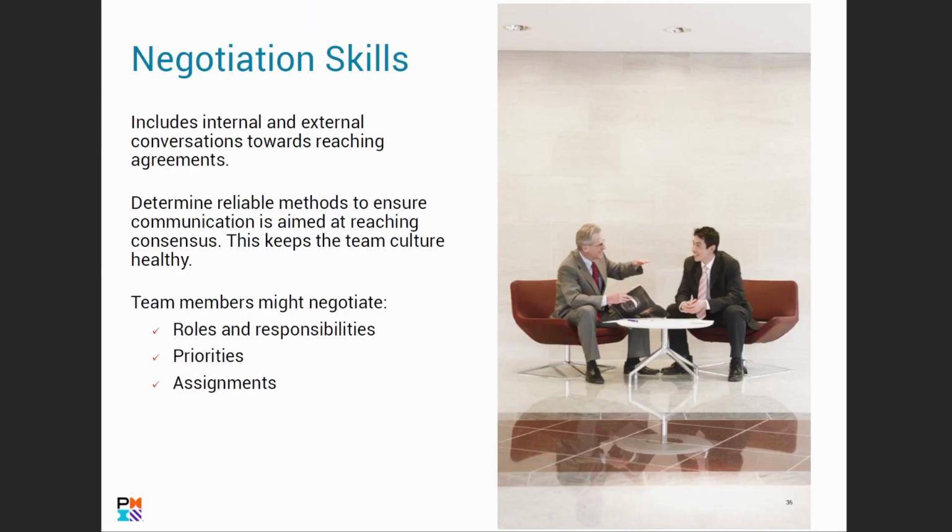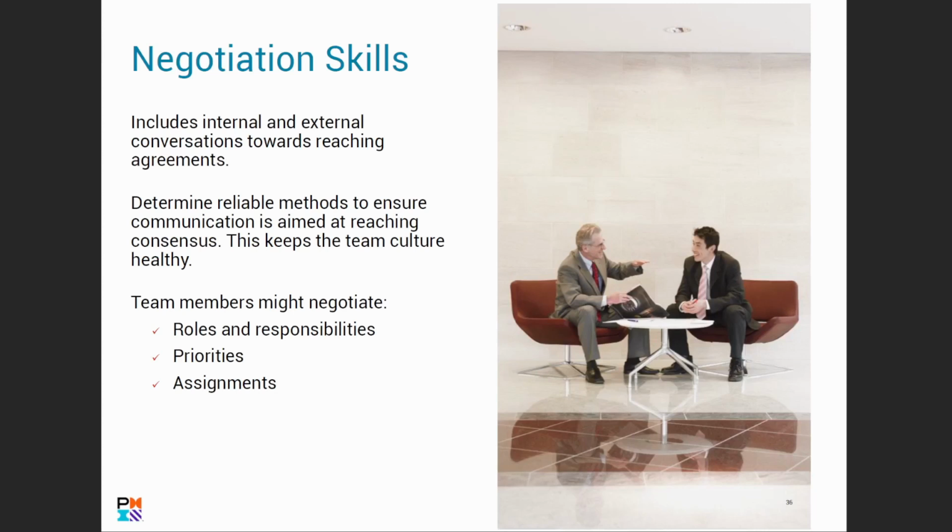Another important skill is negotiation skills. This includes internal and external conversation towards reaching agreements. So, determine reliable methods to ensure communication is aimed at reaching consensus. This keeps the team culture healthy. And team members might negotiate roles, responsibilities, priorities, and assignments. In any given project or endeavor, negotiation is really critical and crucial.